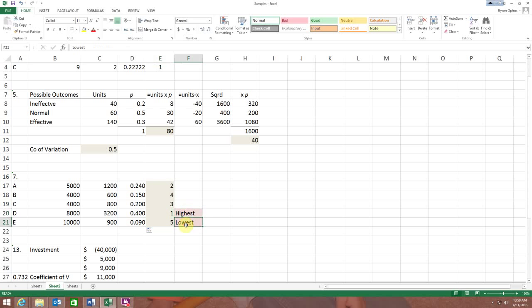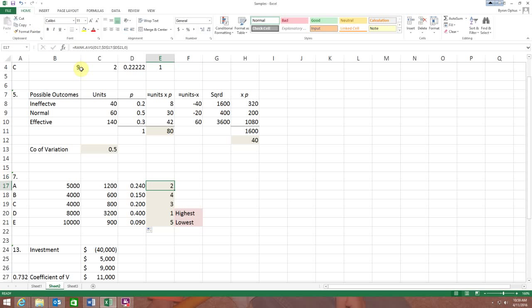What you need to do is label these for me, because my question says using the coefficient of variation, rank the five alternatives from the lowest risk to the highest risk. So my 5 is the lowest risk because that's 0.090. The highest risk is 0.40 if you compare those. But how do I use that rank average formula?